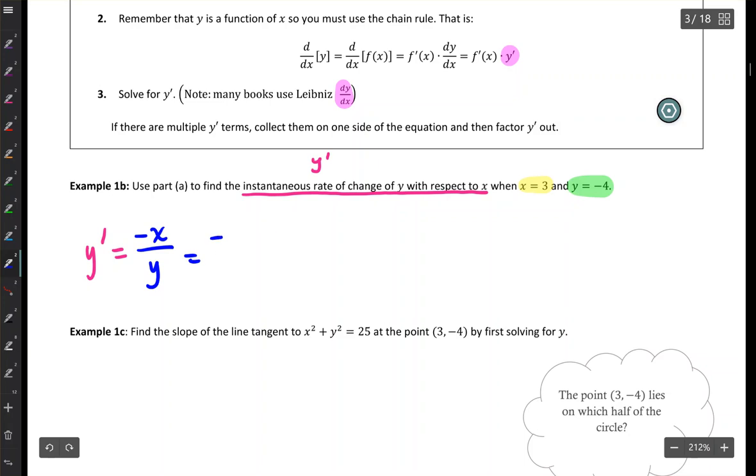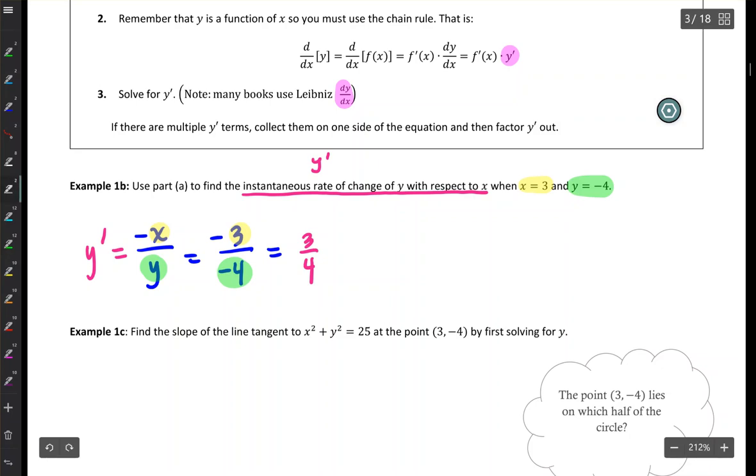Plugging in 3 for x and minus 4 for y, we get that y prime is 3/4. Everywhere I see an x, I'm putting a 3. Everywhere I see a y, I'm putting a minus 4.